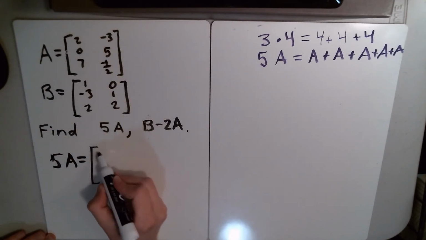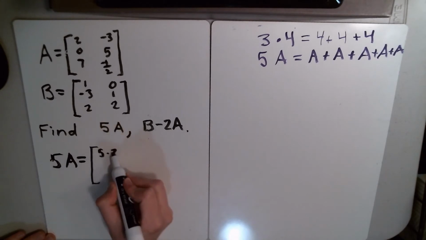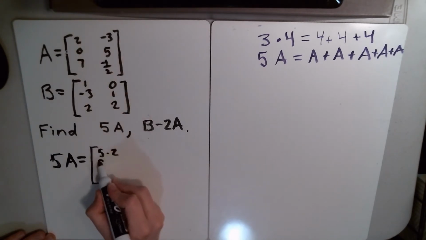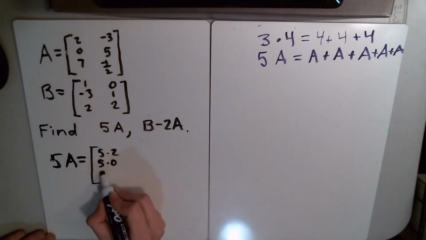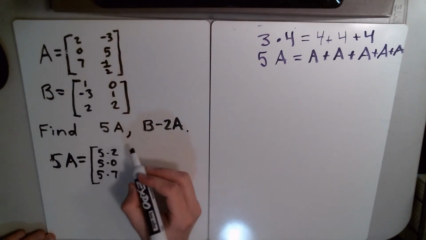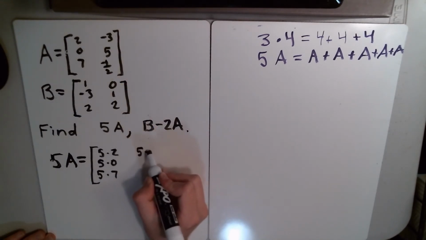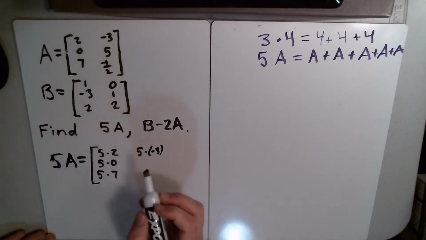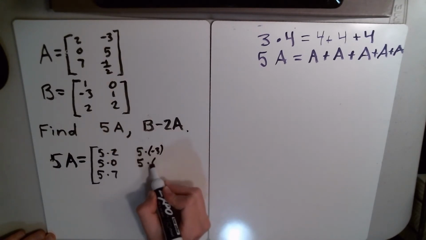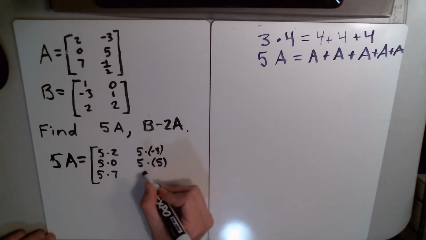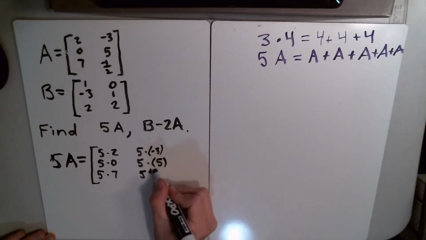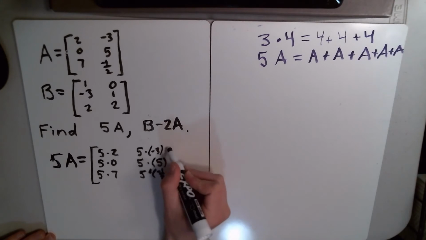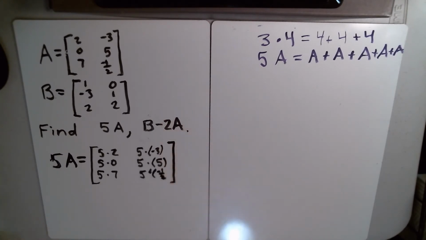So essentially what I do is 5 times 2 for the first entry, 5 times 0, 5 times 7, 5 times negative 3, 5 times 5, and 5 times negative 1/2. That's how you would get 5A. And of course we can simplify this down.